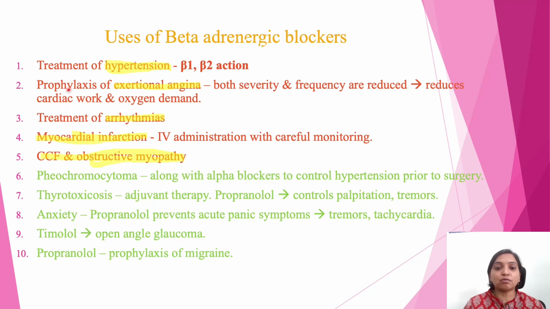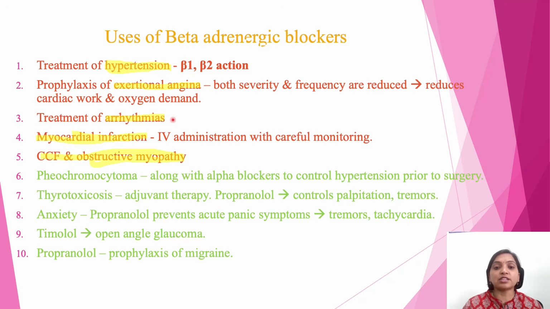Next one, prophylaxis of exertional angina, to prevent an acute attack. It is known through studies that the severity and frequency of attacks are reduced, and it also decreases the cardiac output, that is cardiac workload, and oxygen demand. That is why beta blockers are preferred in angina. Prophylactically also, if it is given, it is known that it will decrease the severity and recurrence rate.